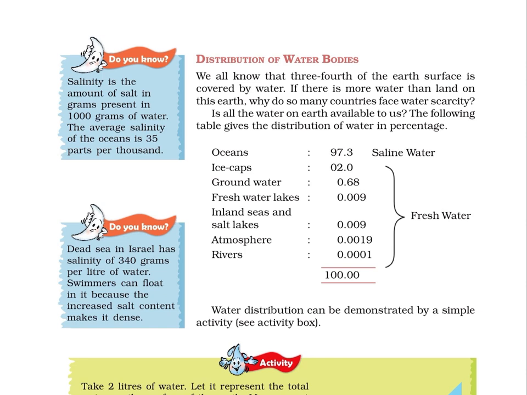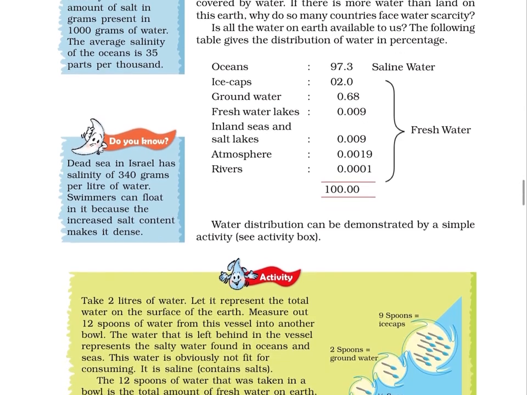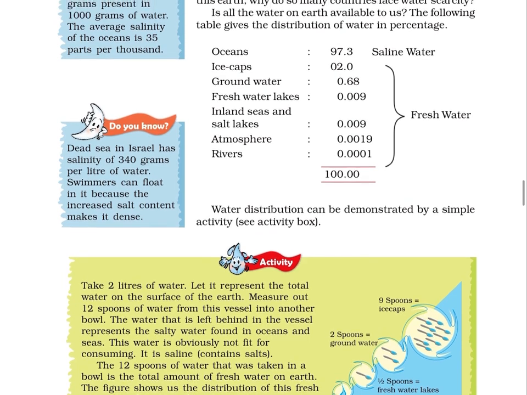Atmosphere, 0.0019. Rivers, 0.0001. So we understand that except for the oceans, all other resources give us fresh water, and the sum of all these percentages makes it 100%.